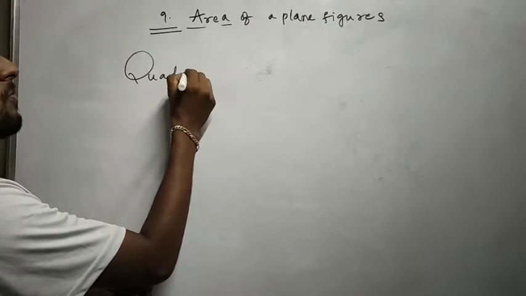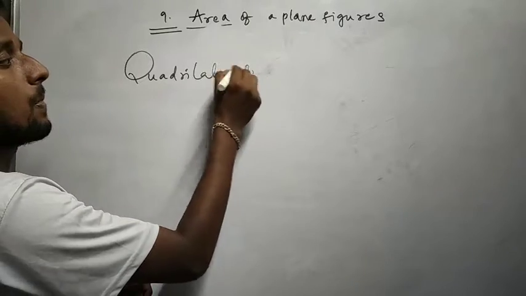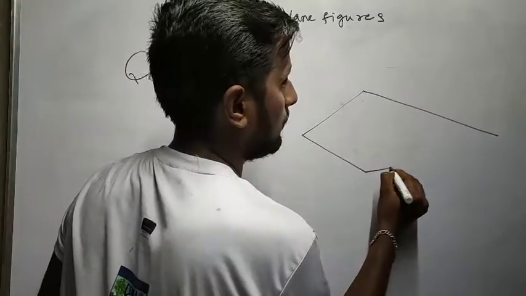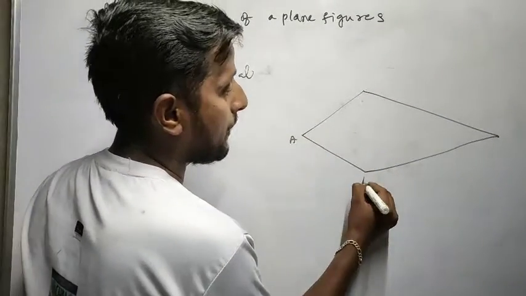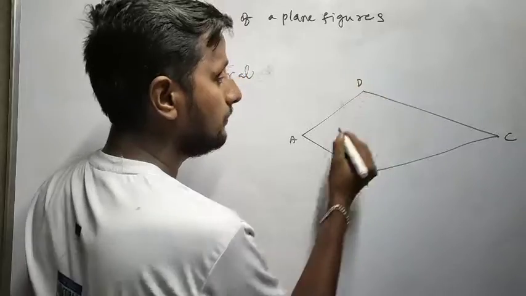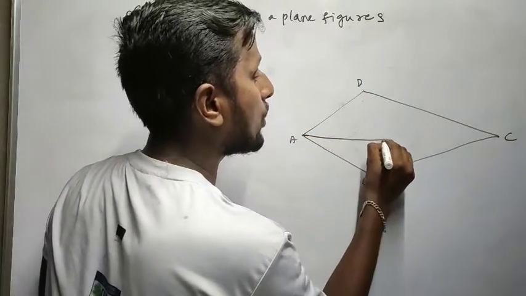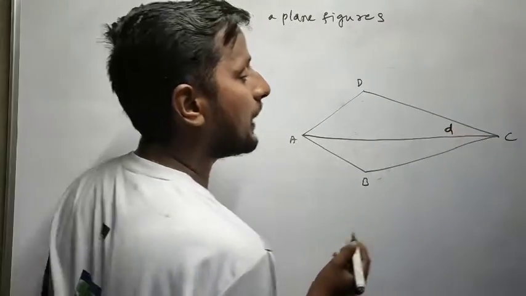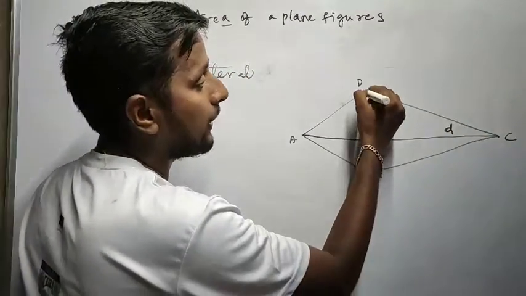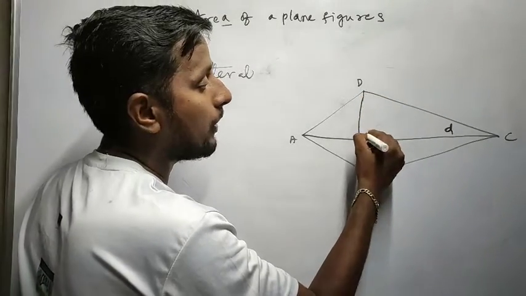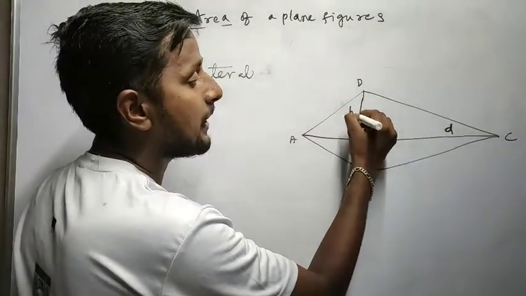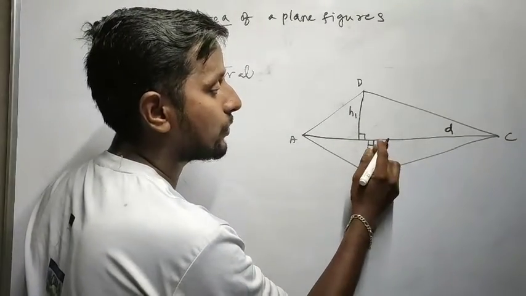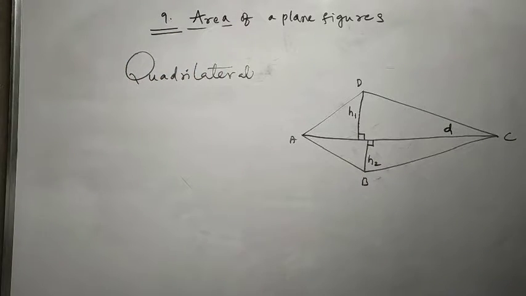ABCD is a quadrilateral. Now if you join AC, it is a diagonal. AC is one of the diagonals. After drawing the diagonal, I drew a perpendicular from here. This is H1, and I draw one more perpendicular from one more vertex, that is H2. It is a general formula for any quadrilateral.